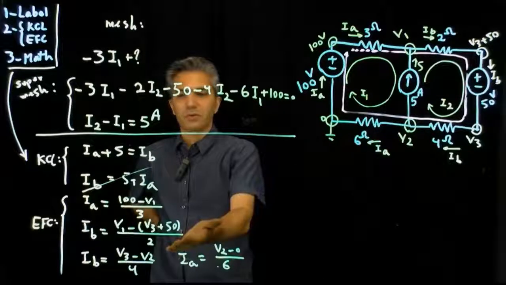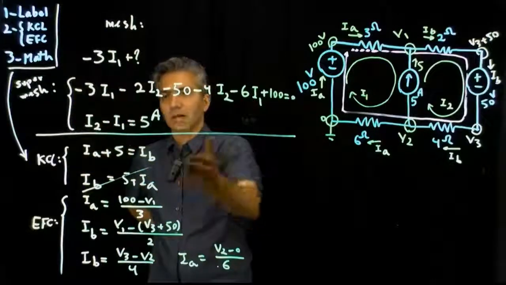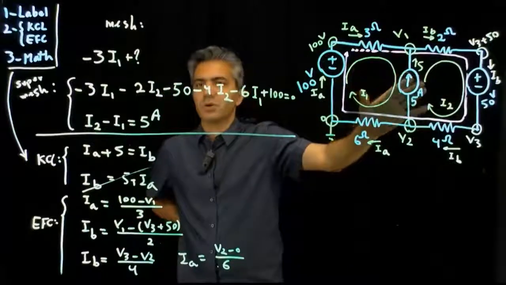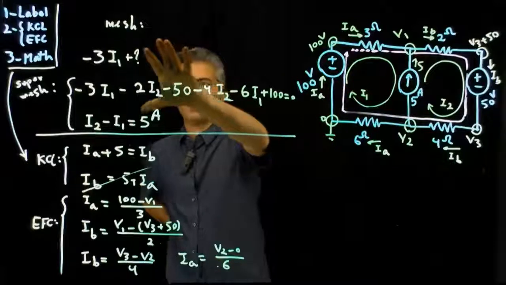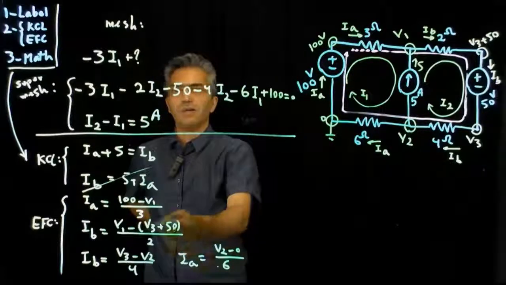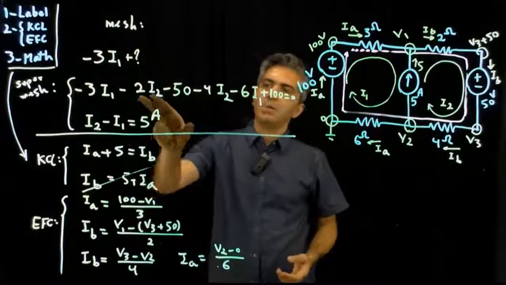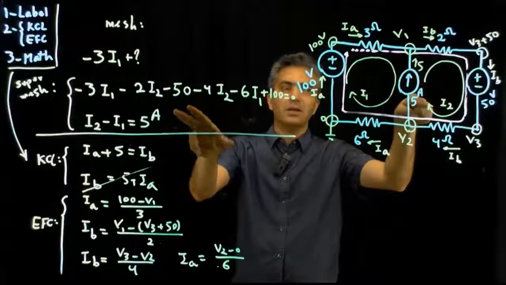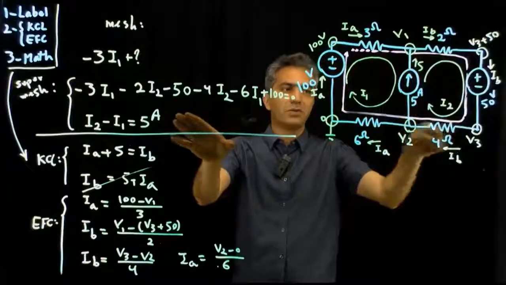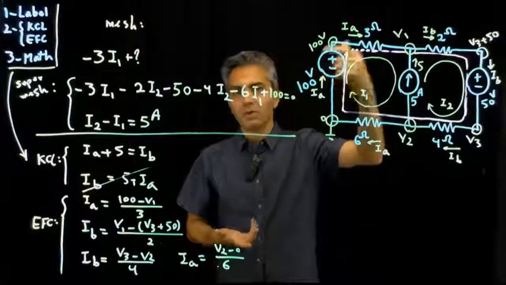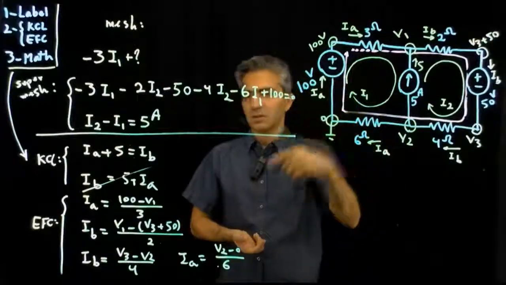The beauty of using this algorithm is that it just works no matter what kind of situation you're dealing with. With the mesh method, you only had to solve 2 equations, whereas here we have 5. But once you're done calculating that, you only get this current and that current, and you have no knowledge of actual voltages for the nodes or voltages across the components. If you need to calculate those voltages, you have to continue.